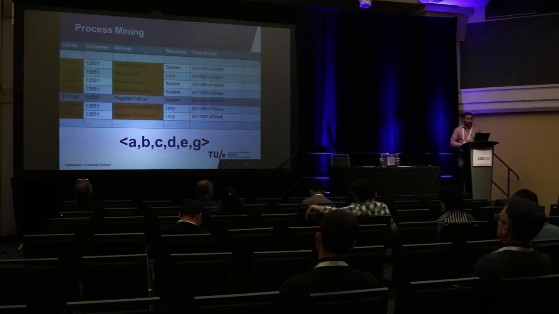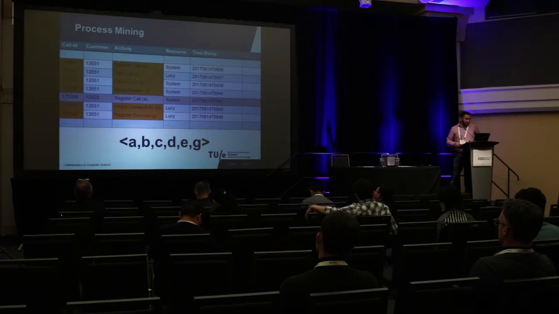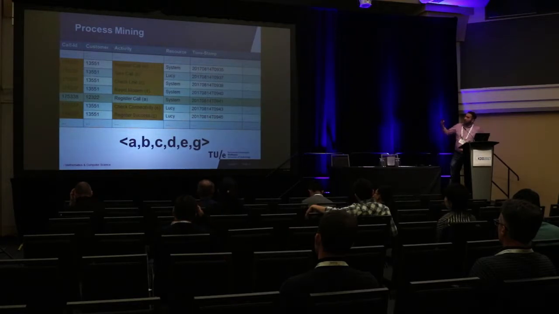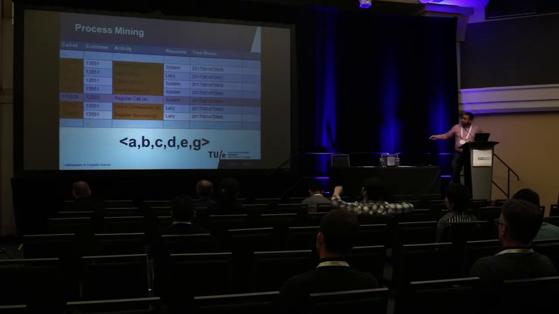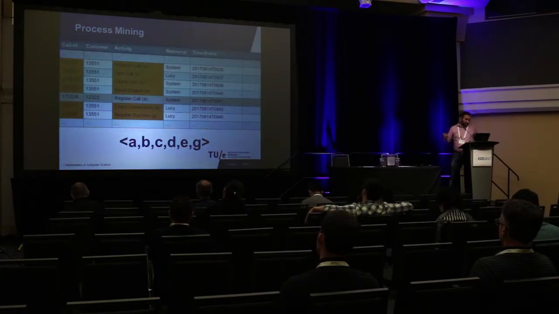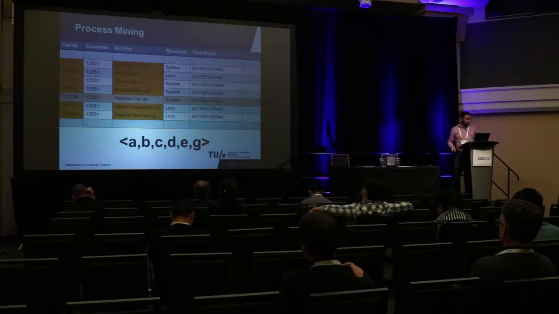So now we are revisiting our log file, and we see that in the log file we might have an overlapping between multiple cases. So what you see below is the log file summarization using now not the register call and take call, but the shorthand names A, B, C, D, E, G that are related to the call ID 175337.